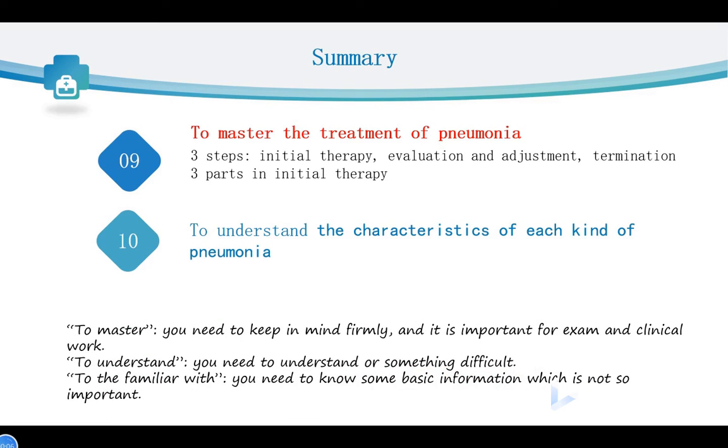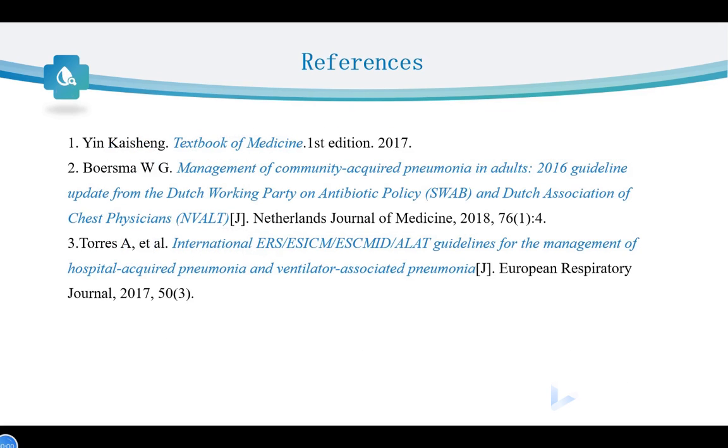You also need to remember the treatment of pneumonia. Here shows the references for this class, and there are 2 guidelines for your further learning. If you are interested in it, you can download the files from the PubMed web.